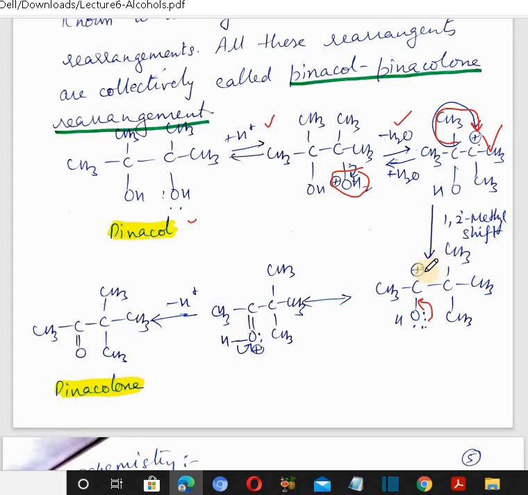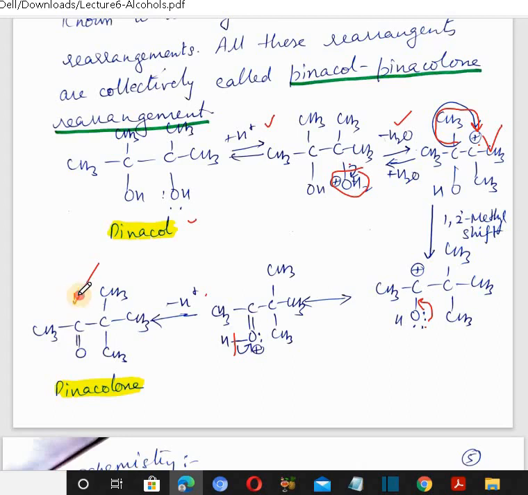Ultimately it will lose H positive ion, and these electrons neutralize this oxygen, and we get the carbonyl compound.